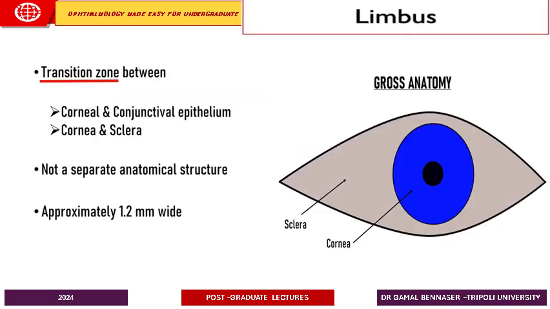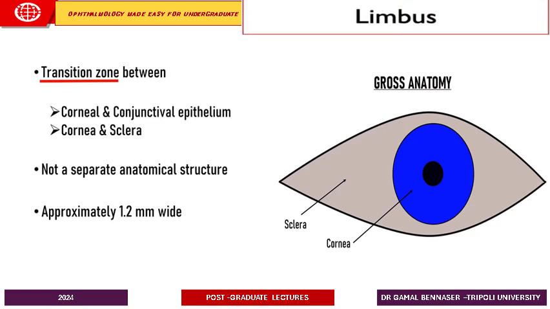Now, in the context of the anatomy of the cornea, we should pay special attention and put more detailed emphasis on an important structure of the cornea, which is the limbus. The limbus is not merely a structure present in the eye, but a transitional zone between the cornea and the sclera.